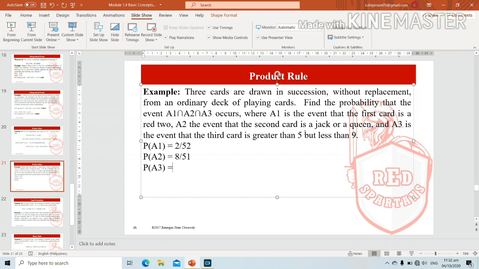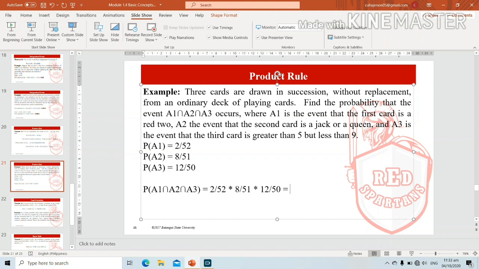Then, sa A3 naman, ang sabi sa A3 ay card daw ay greater than 5 but less than 9. Ano ba yung mga card na yon? 6, 7, at 8. So, yung 6, 7, at 8, tiga-apat na baraha. So, 4 times 3, so 12 over 50. So, yan. Ito, copy natin. Mahirap maglagay ng intersection. Ang probability niyan is equal to 2 over 52 multiply sa 8 over 51 multiply sa 12 over 50.